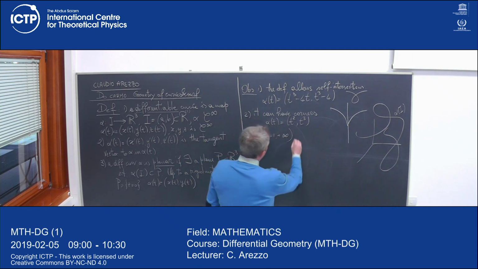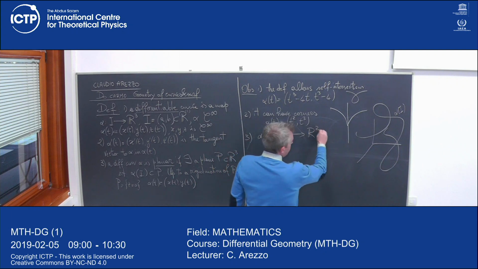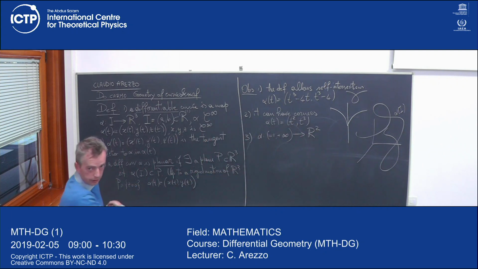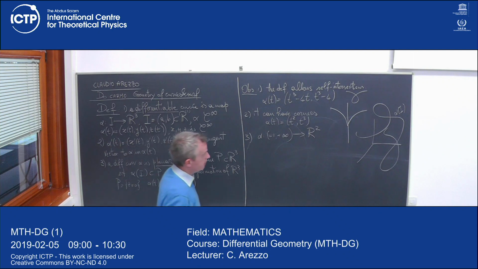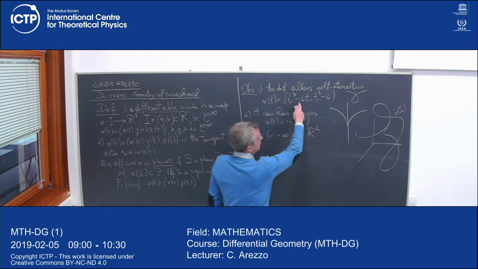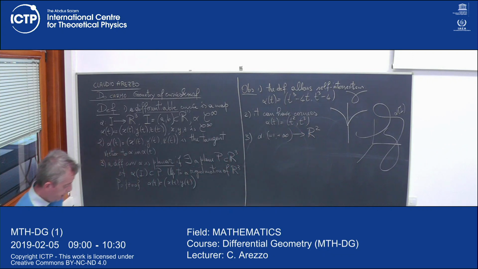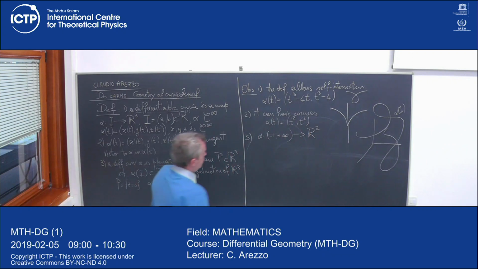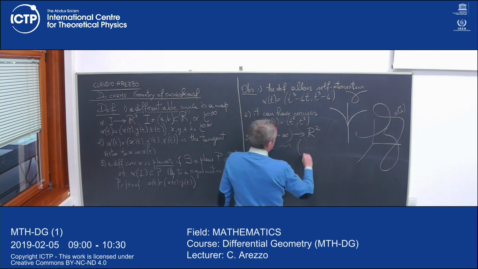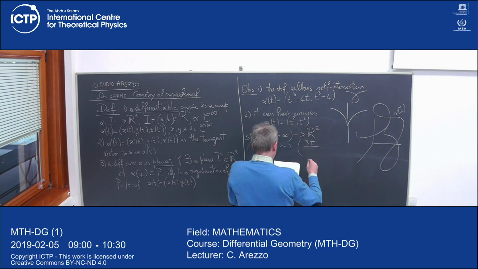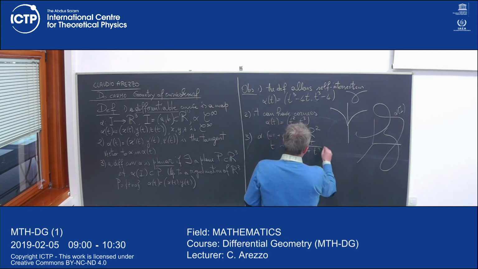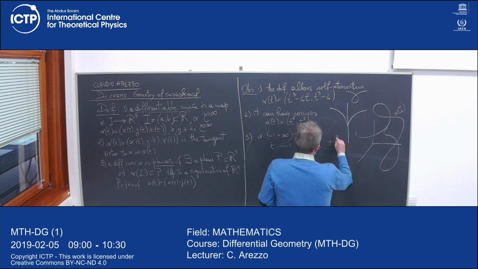Now I pick this interval, and I go to R2, the planar R2. I don't need the third dimension. Also here, these are all planar, the third coordinate was actually 0. And if you take t going to 3t over 1 plus t cubed, 3t squared over 1 plus t cubed, for example.